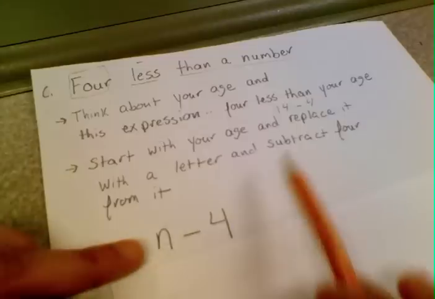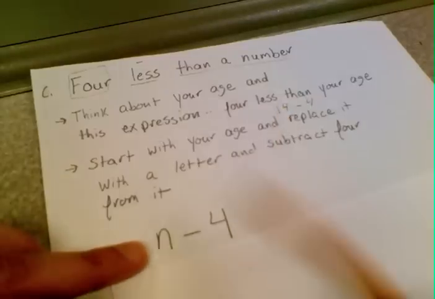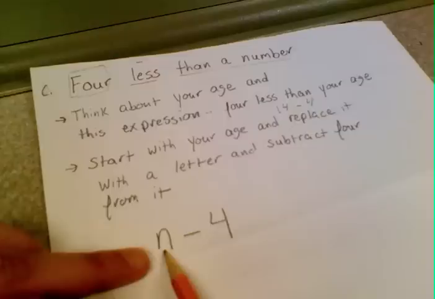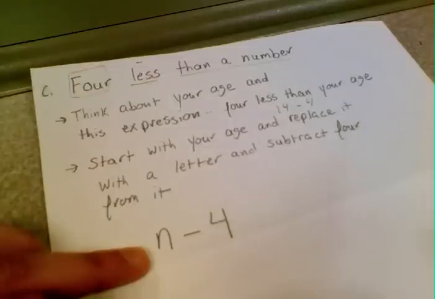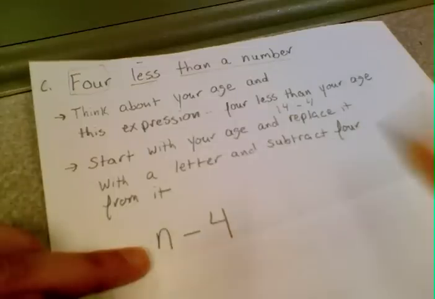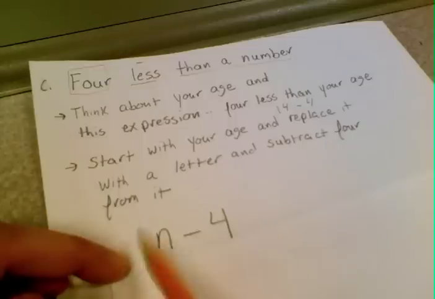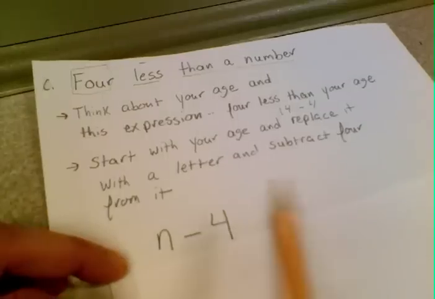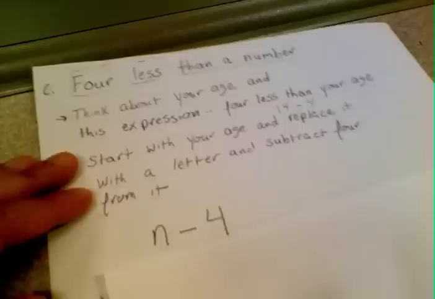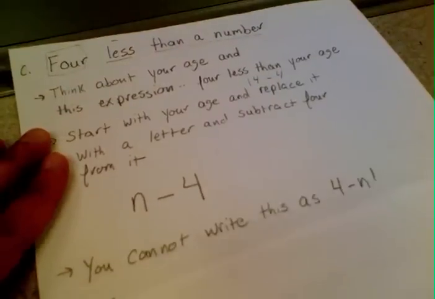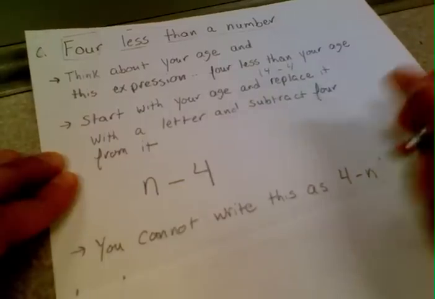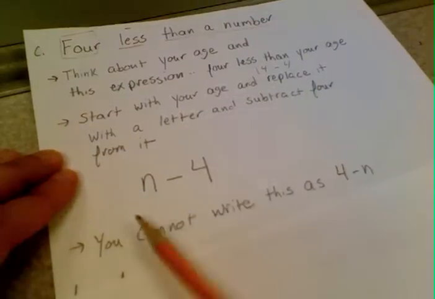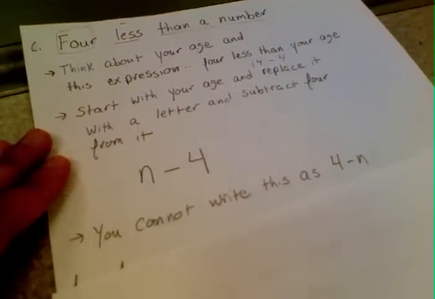If I replace 14 with n, if my age was 14, 4 less than 14 would be 10. But I'm not necessarily figuring that out; I'm just using that to help me write this algebraic expression. You cannot write this as 4 minus n. That means something different. N minus 4 is what we want here.